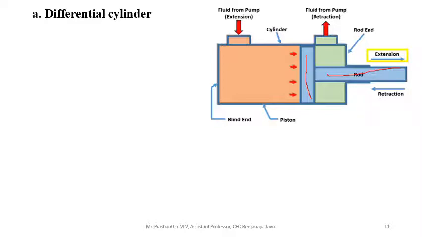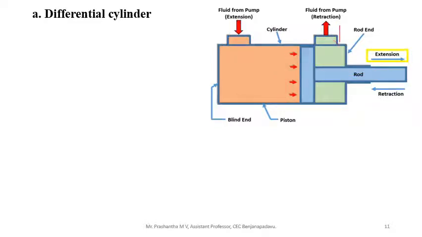See, during extension stroke, what will happen? During extension stroke, this one acts as inlet and this one acts as outlet. So the force acts like this. Extension happens. And during retraction, what will happen?